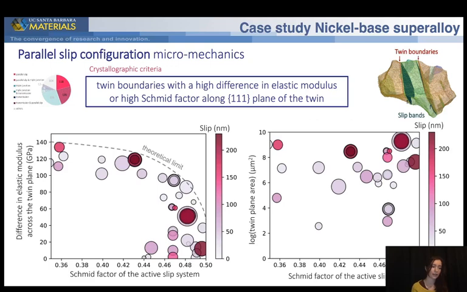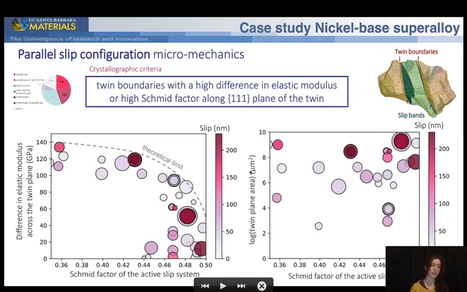On the plot on the left, the x-axis is the Schmid factor, which gives us an indication about the shear stress on the slip plane of the slip band. The y-axis is the difference in elastic modulus across the twin boundary. We see that most slip bands developed near twin boundaries that had either high Schmid factor or a high difference in elastic modulus. So high Schmid factor are these hotspots, and high elastic modulus, these kind of bands.